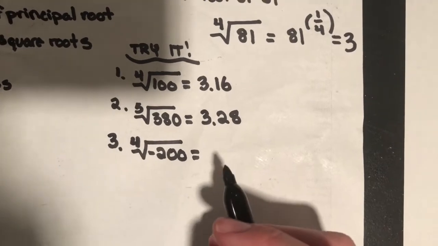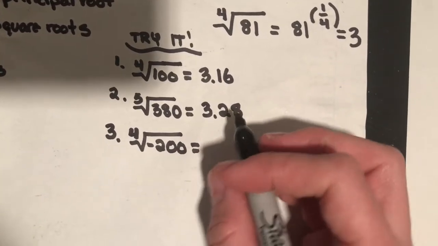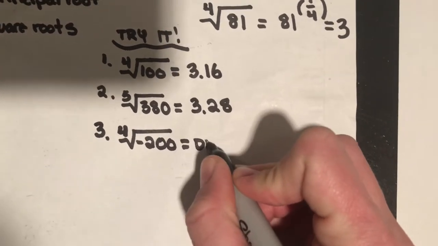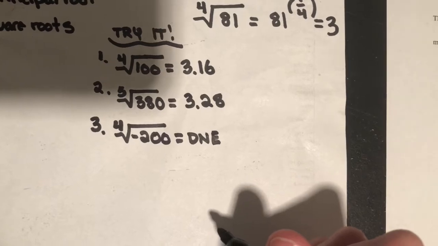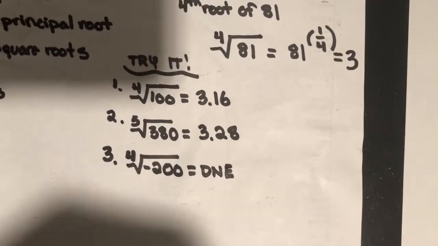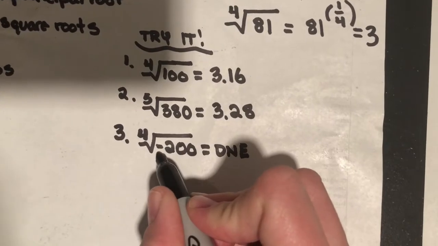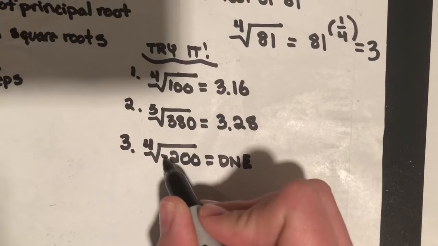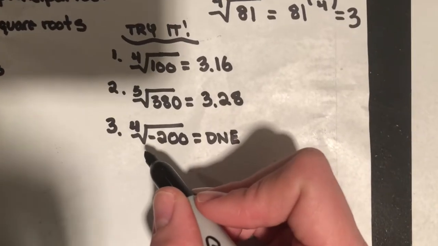And for the calculator's sake, we're going to say the fourth root of negative 200 is a DNE. Now, we do know that we don't really have any DNEs, or does not exist, in Algebra 2 anymore, because whenever we're working with negative numbers underneath the radical sign, we have imaginary numbers.